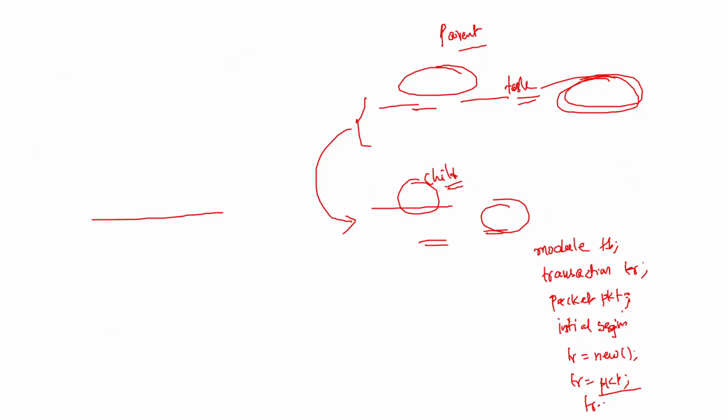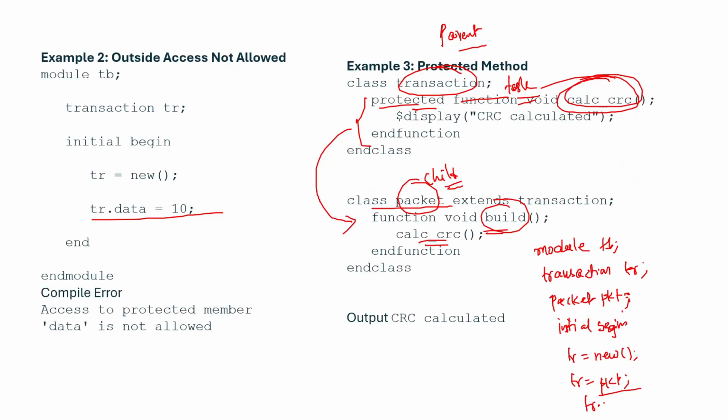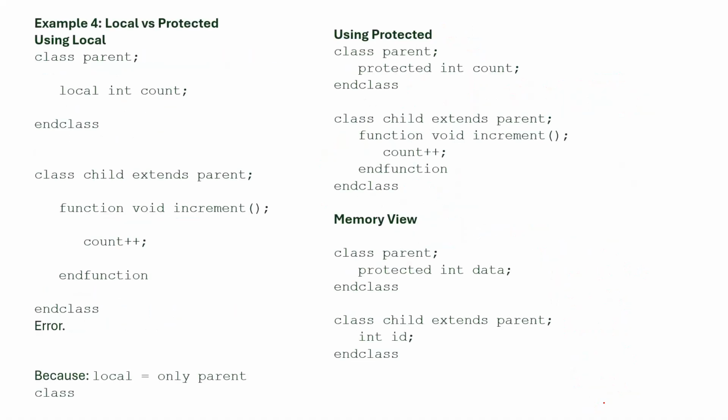Based on that same memory it will show that and then we are getting the members of protected class. Okay, protected methods. That means parent class methods. Local versus protected. Local within the class only, parent only. Even child also doesn't know.